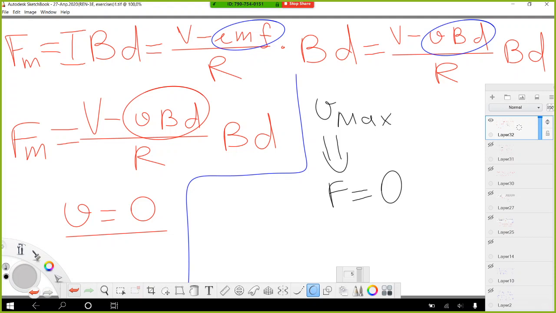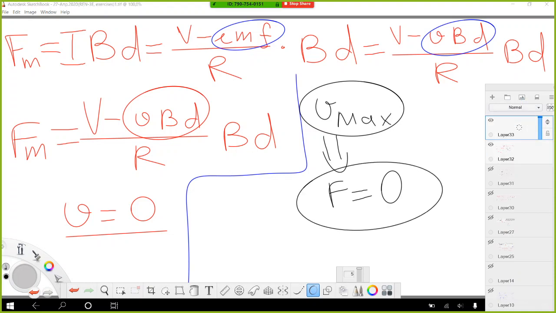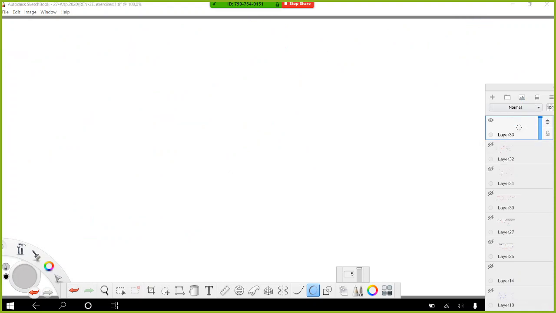Okay, and in order to find the maximum velocity, we take F equal to 0 and find the velocity.